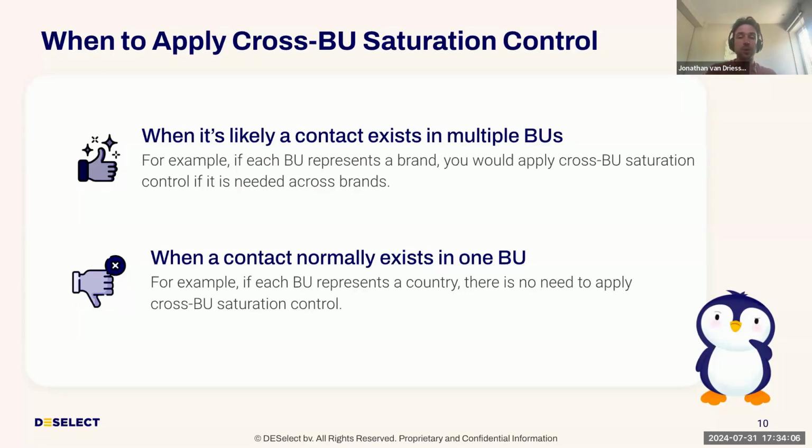In the other situation, where one business unit is one country, typically somebody just has one address, they live in one country, so they only exist in one business unit. There's no need to apply saturation control across different business units because the contact will only exist in one BU anyway, so there would be no sending happening in other business units. Fantastic. Pretty simple, right?